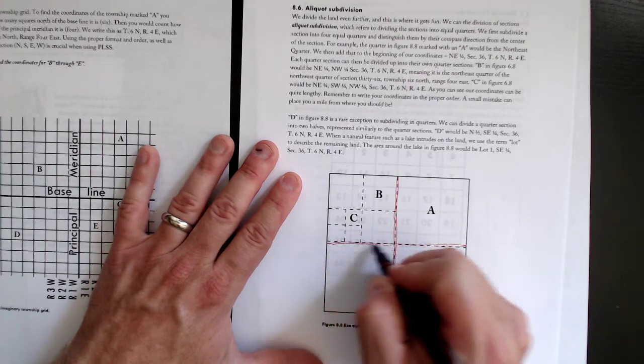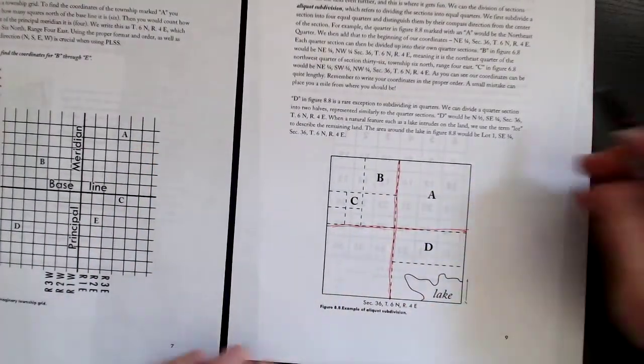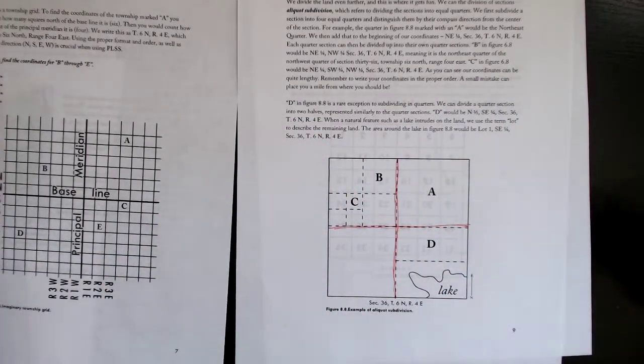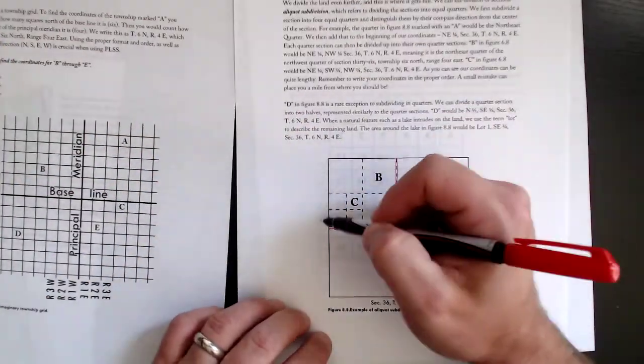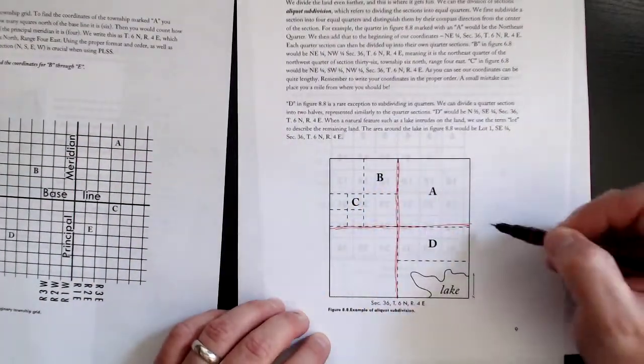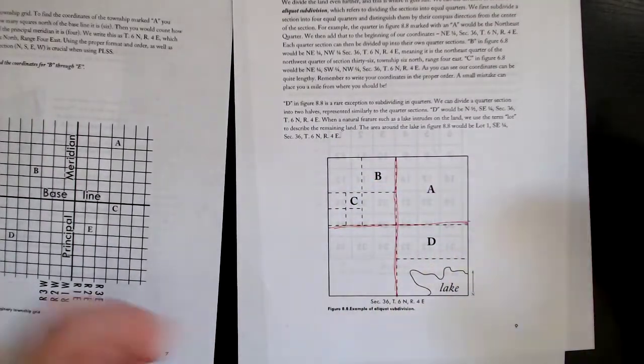This first one, we're going to look at where we divide the section into 4 individual quarter sections. Ignore all these other little dashed lines. We're just concentrating on this.